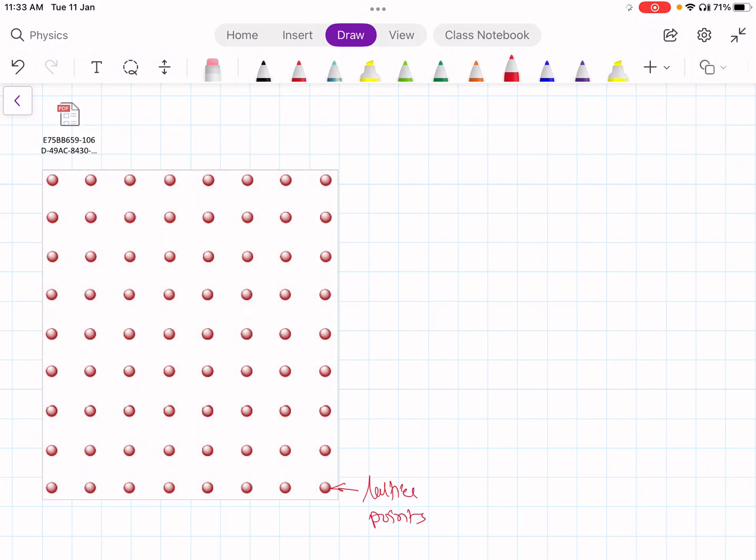And in this space lattice, I will show you some of the unit cells. Basically, a unit cell is the smallest block.